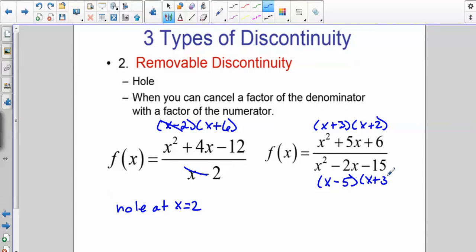So the factor of x plus 3 cancels out, and that means that you would have a hole at x equals negative 3. But you also are going to have an asymptote at x equals 5, because that factor did not cancel out. So I'm going to have infinite discontinuity at x equals 5.